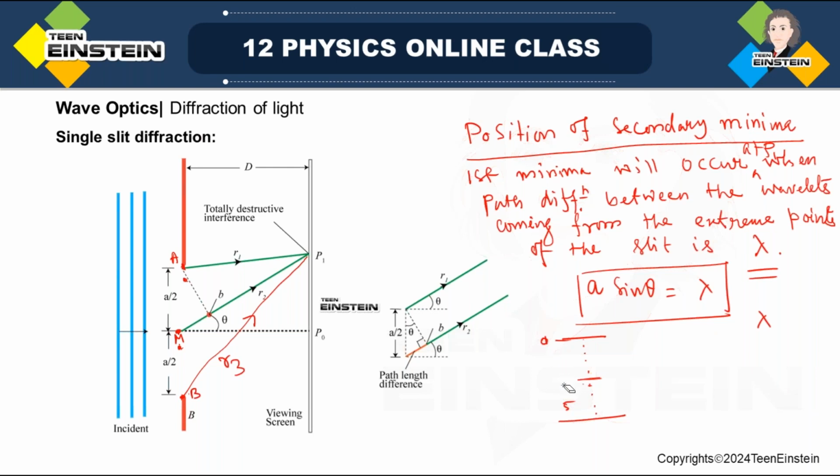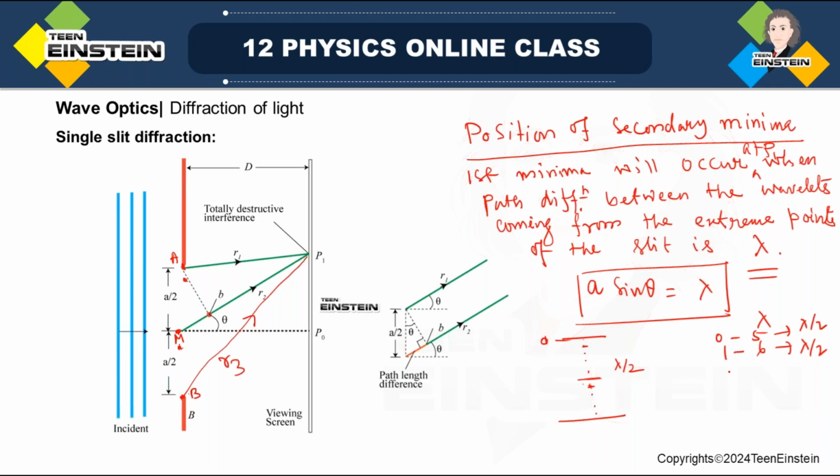Now if I take the first one, then I have to go to the corresponding sixth one. So the sixth one and this first one will have path difference lambda by 2. So 1 corresponding to 6 will have path difference lambda by 2, 0 corresponding to 5 will have path difference lambda by 2.